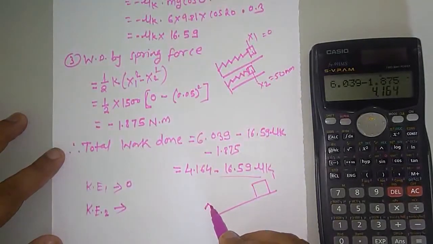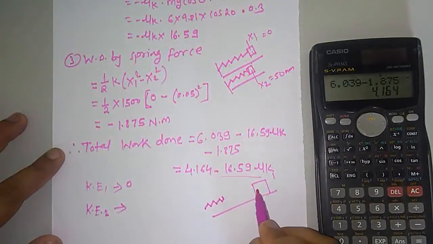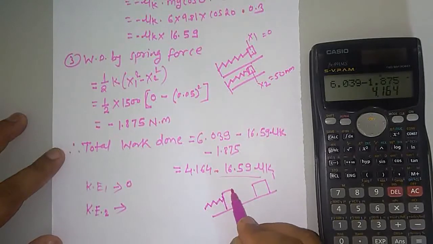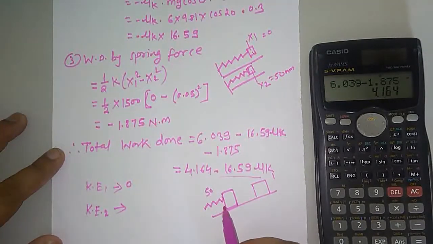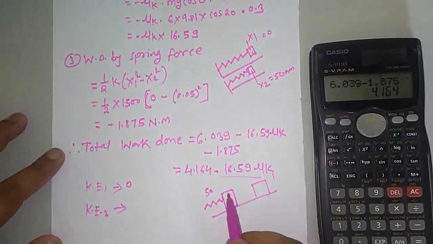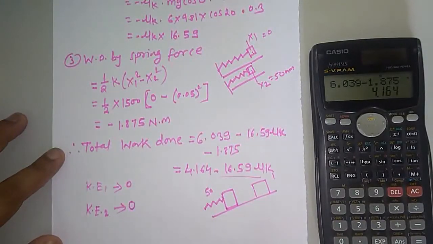Now kinetic energy at position 2. So here there was a spring. When this block compresses this spring to its maximum, that is 50 mm, what happened when the spring compressed? Whatever kinetic energy there was is all absorbed. So here kinetic energy at position 2 is 0.